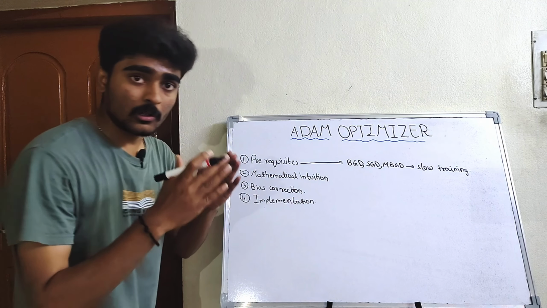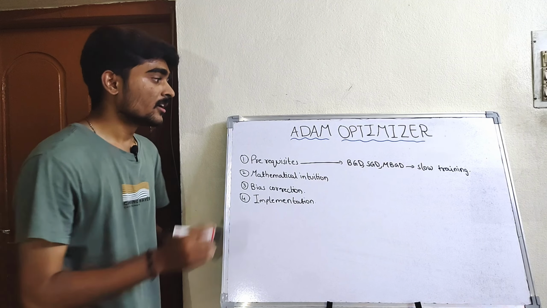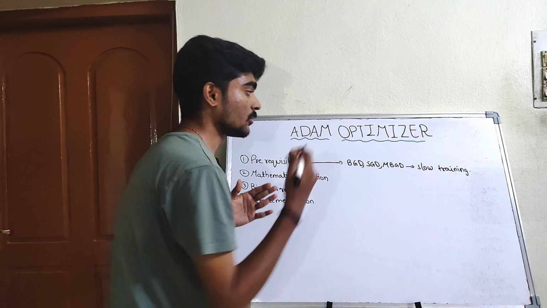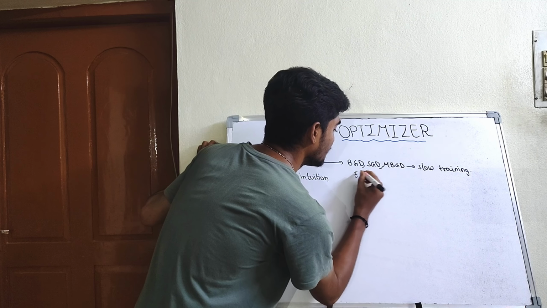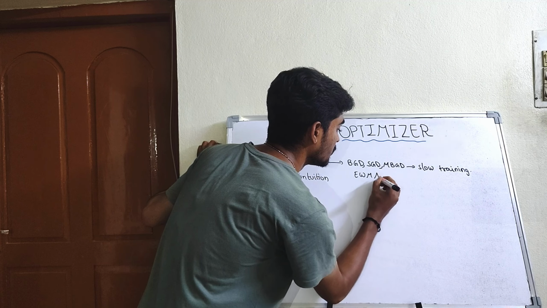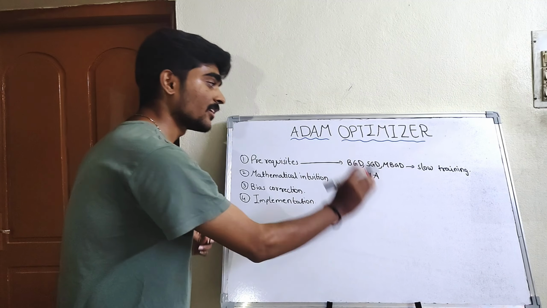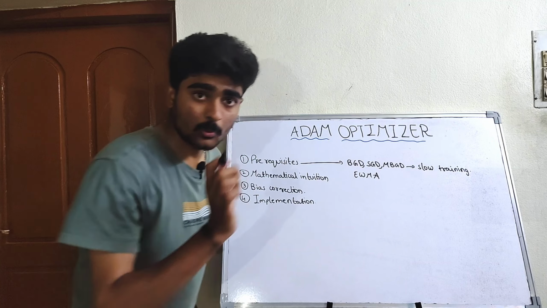To solve this problem of slower training, the next optimizer that came is exponential weighted moving average, which has successfully solved the problem of slower training.